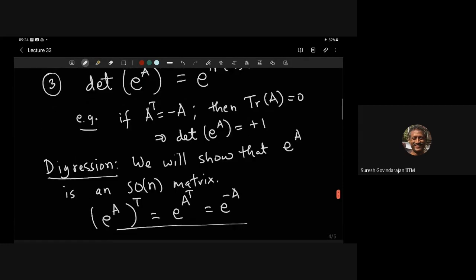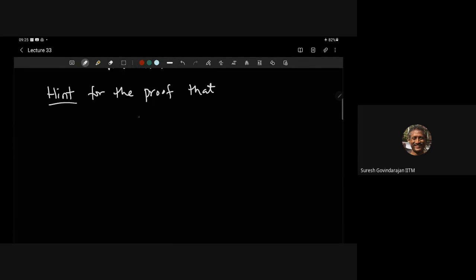Okay. So let me now give a hint for the proof, that the determinant of e power A equals e power trace of A. When I say hint, it's not going to be a complete proof.